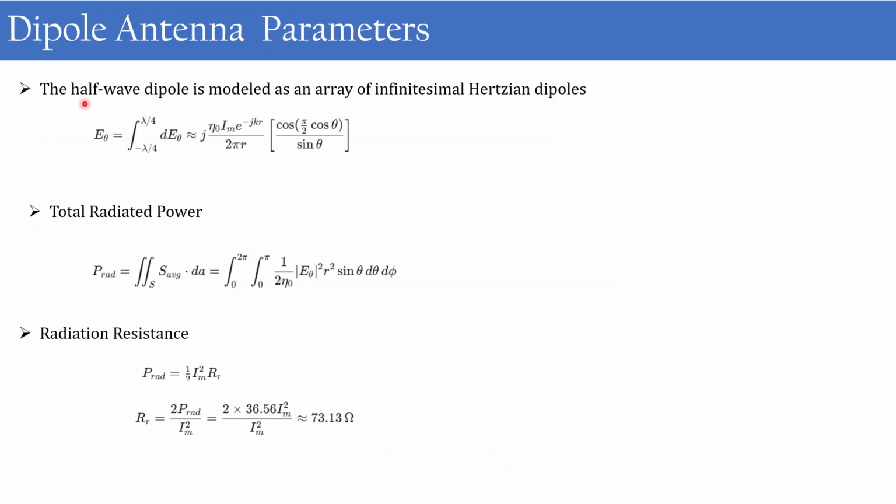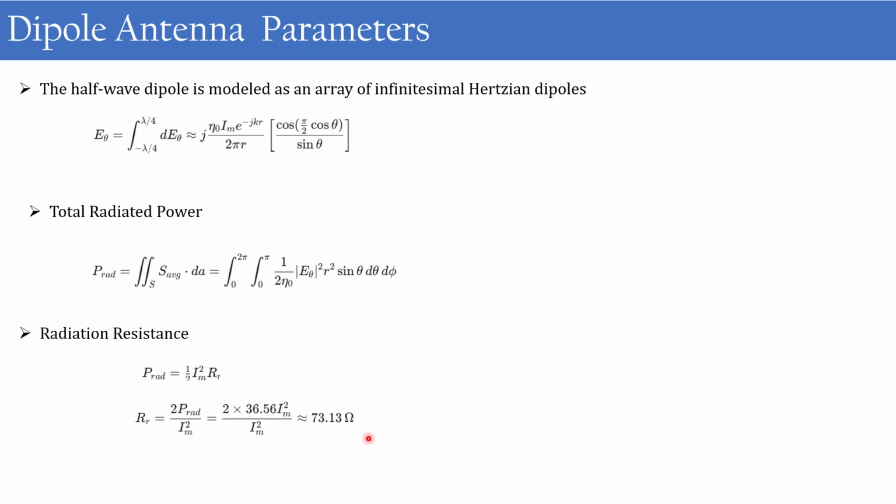So these are some of the dipole antenna parameters. The total electric field is given by the expression integral from minus lambda by 4 to lambda by 4 of dE theta, considering the dipole as an array of infinitesimal Hertzian dipoles. The total radiated power is based on this electric field distribution and the magnetic field distribution, and the total radiation resistance is related to the total radiated power, and based on the calculation it is approximately 73 ohm.